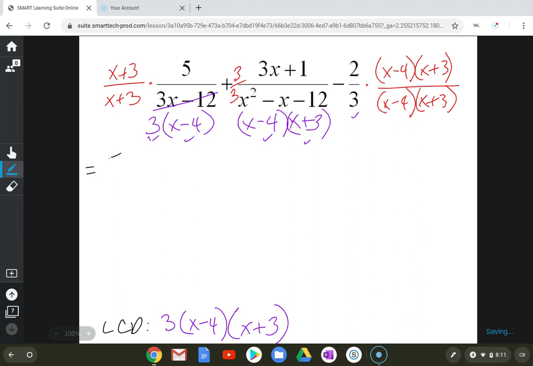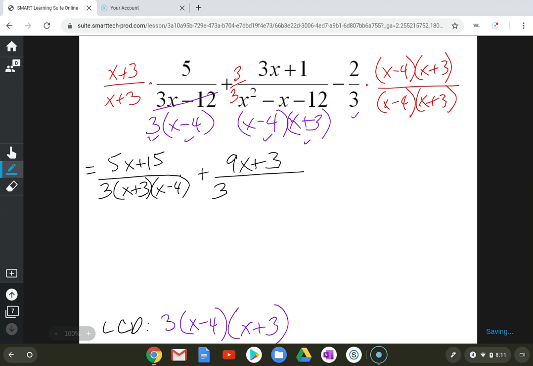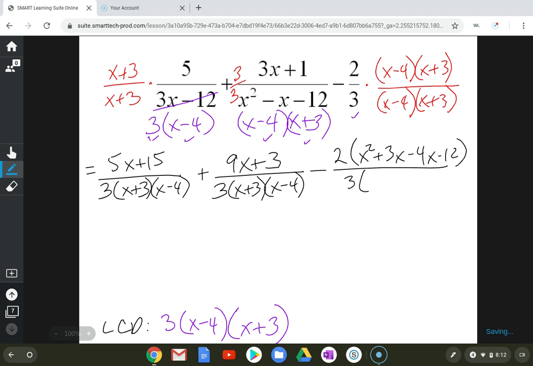The first term becomes 5x plus 15 over our LCD, plus the next term becomes 9x plus 3 over our LCD. And the last term minus, so I'm going to keep the 2 out and go ahead and distribute the two binomials first. So we have x squared plus 3x minus 4x minus 12 all over our LCD.